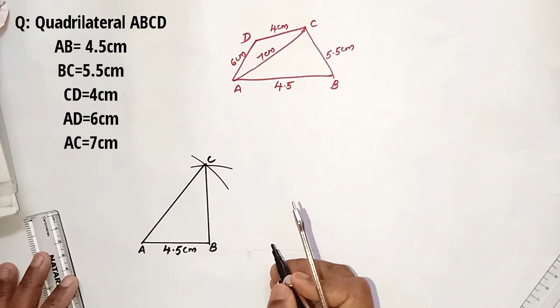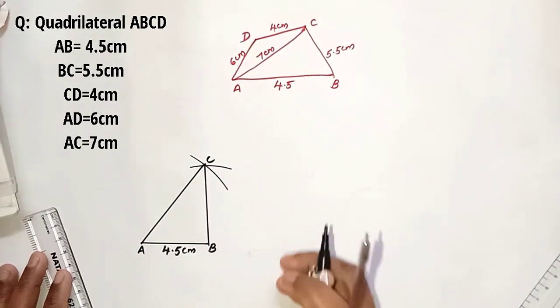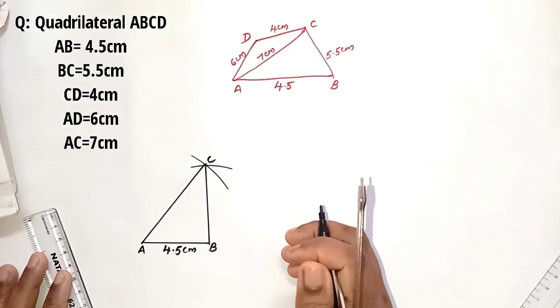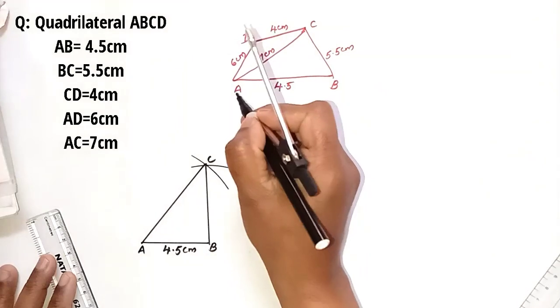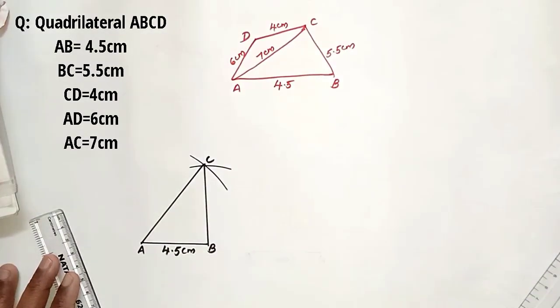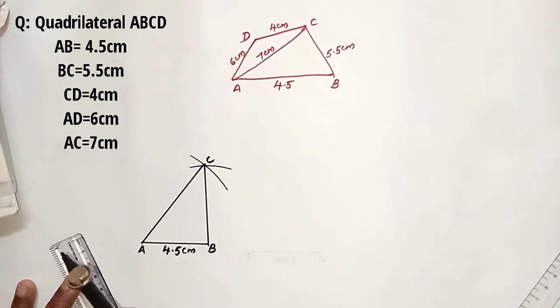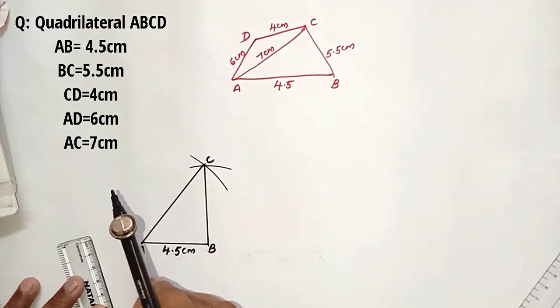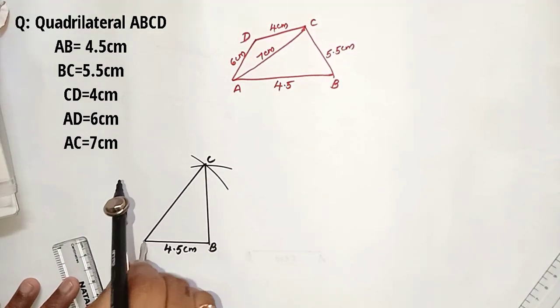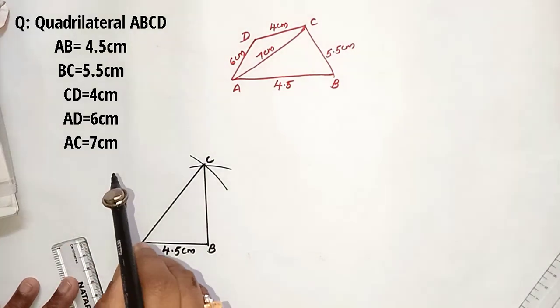Now you have to find the point D. For that, AD is 6 centimeter and CD is 4 centimeter. So with center A, take 6 centimeter as radius, because D is 6 centimeter away from A. So with center A, draw an arc with 6 centimeter length.